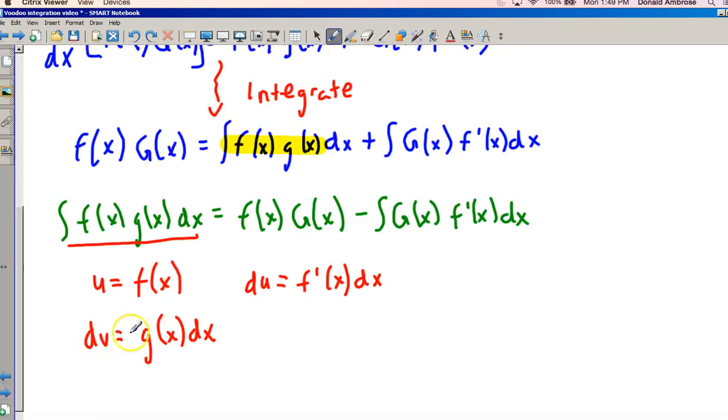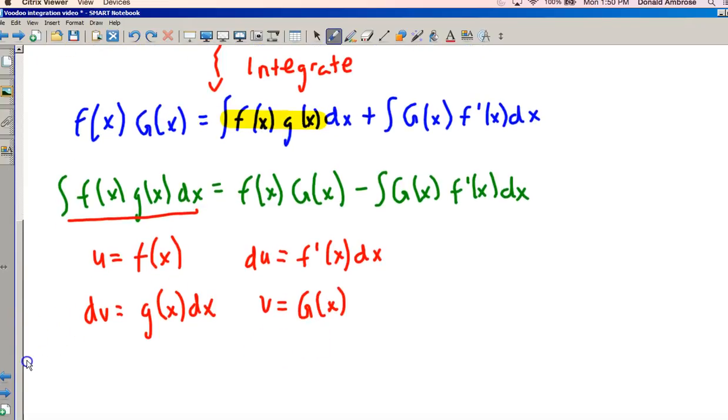And then my dv equation, if I integrate both sides, I'll get that the antiderivative of dv is just v, and the antiderivative of g of x, we know, is equal to big G of x, because that's exactly how I set things up.